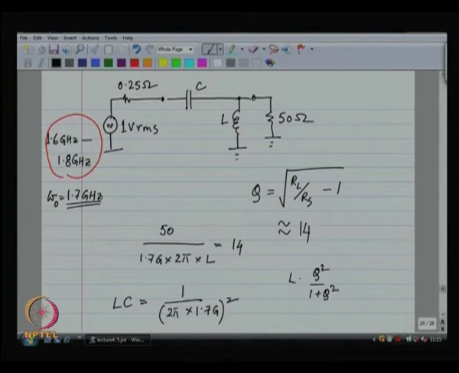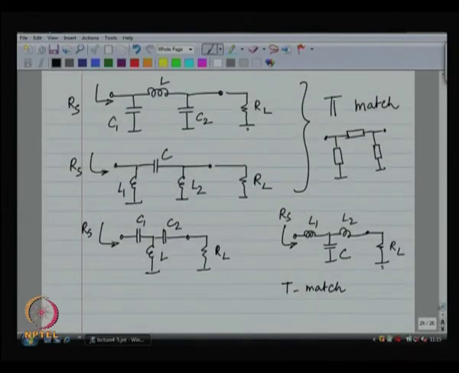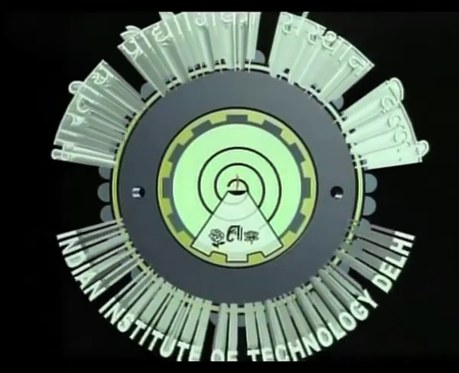So, with this we are going to close today's lecture. We have studied the L match in quite detail. We also did kind of a numerical example of probably why you would want to do matching, etc., practical scenario. And I also pointed you towards the motivation of the development of the pi match or the T match.